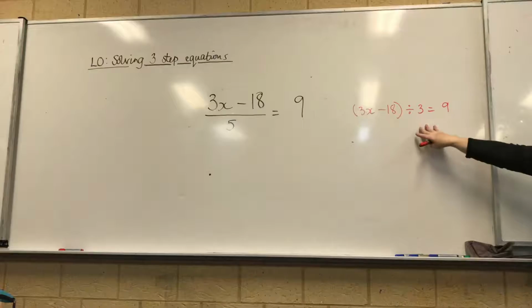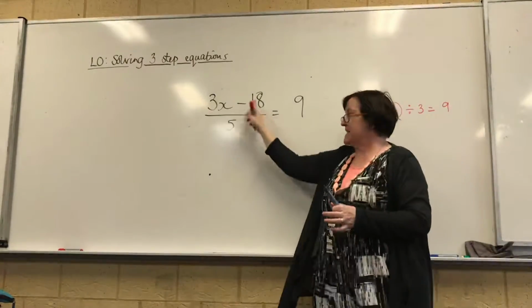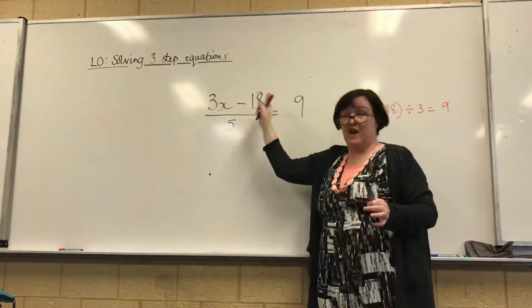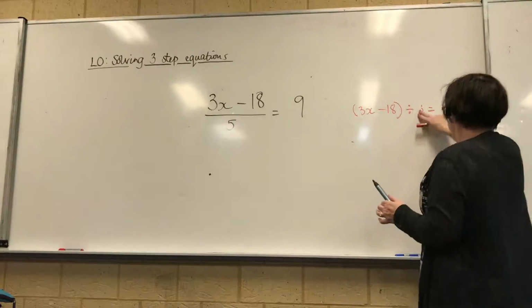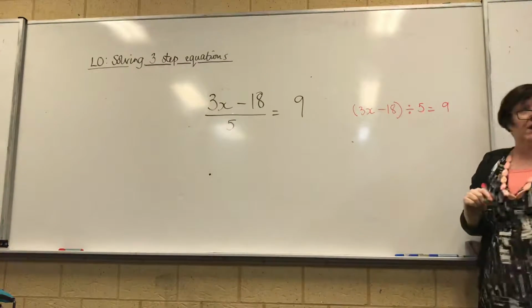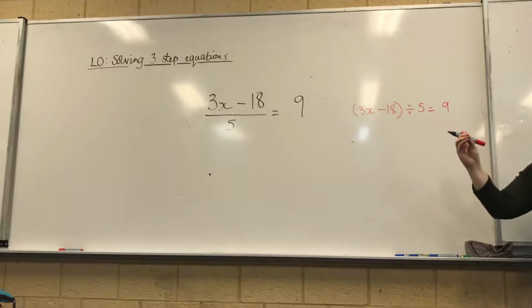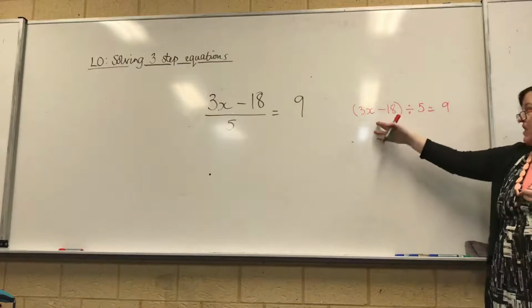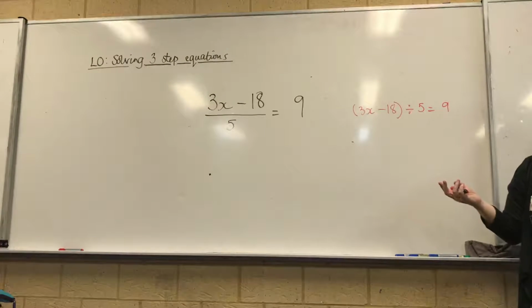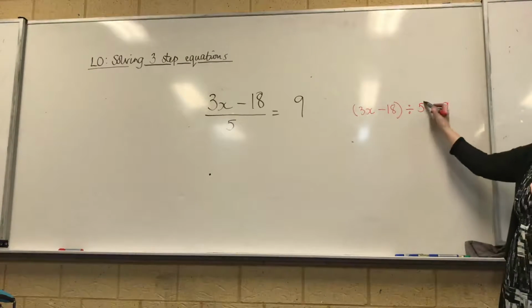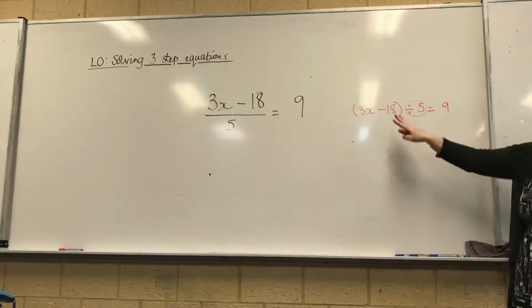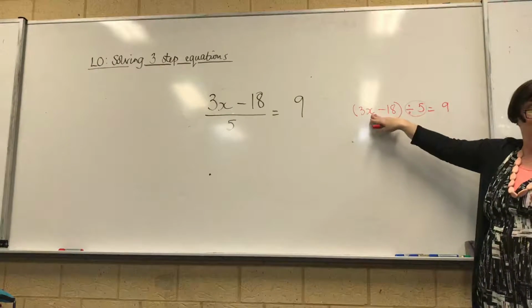The 3x take 18 is all divided by the 5. So when you write it that way, it's pretty obvious which one's the constant, isn't it? It's the divide by 5 bit, because that is still part of that group.